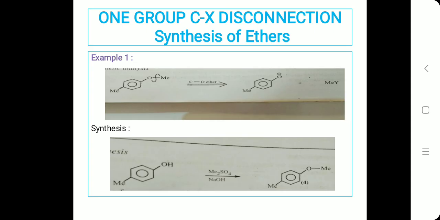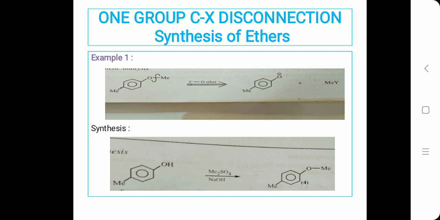Let us take example 1. In this example, the oxygen atom in the target molecule has a reactive side, which is methyl, on one side of the target molecule, and on the other side we have the unreactive aryl, that is Ar.